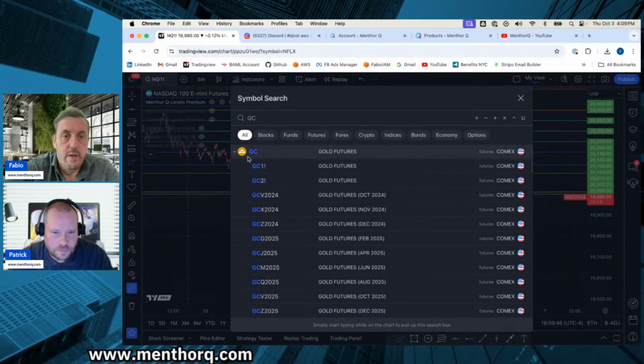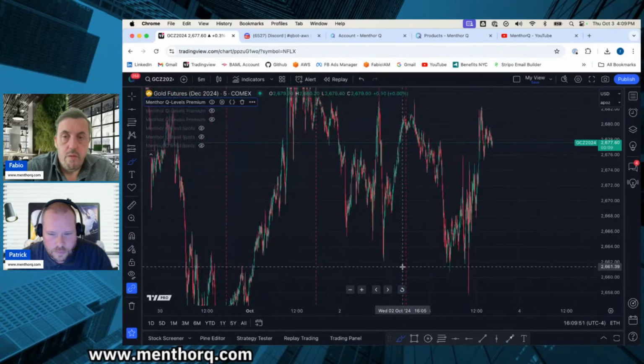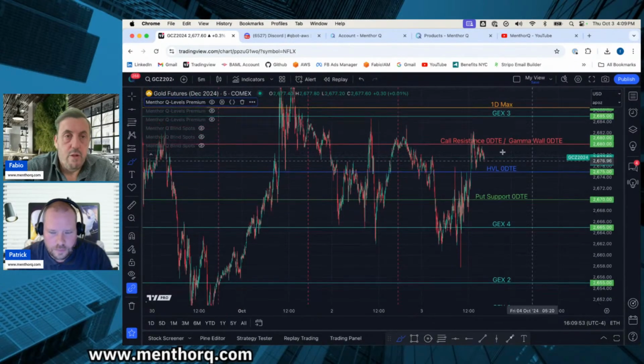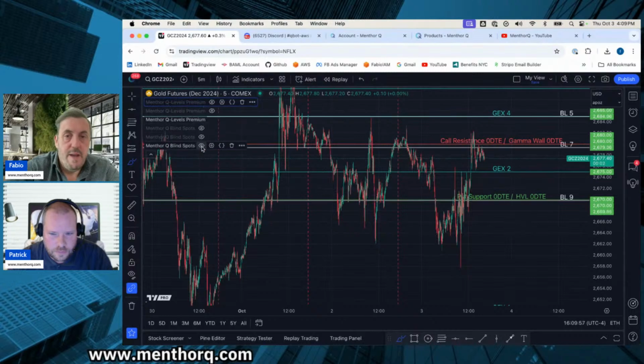It's another interesting asset. If we look at gold, first let's plot the levels for today and our blind spot level for today.